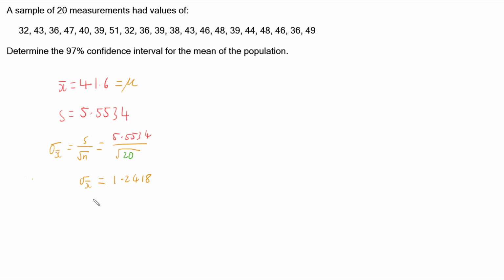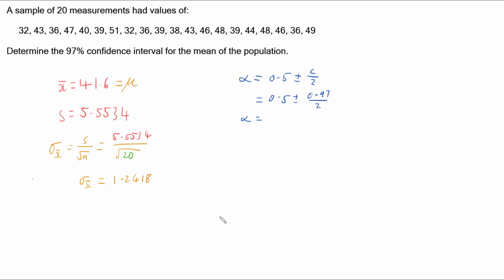And so now we want to work out our confidence interval. First step to work out the confidence interval is we'll work out our proportion. And so our proportion is 0.5 plus or minus our proportion as a decimal divided by 2. So we're going to have 0.5 plus or minus 0.97 divided by 2.